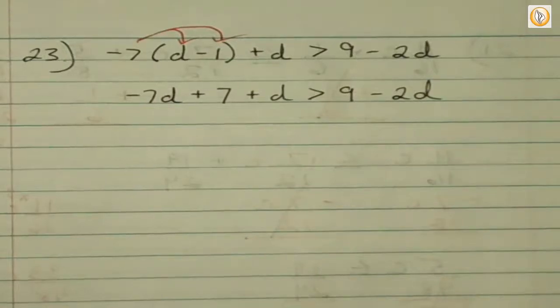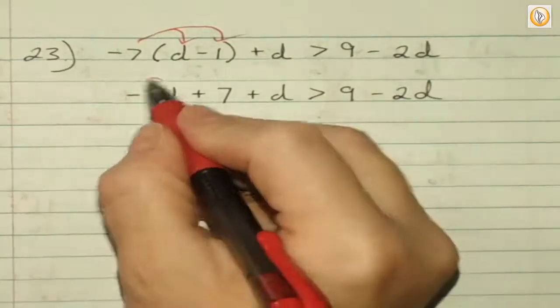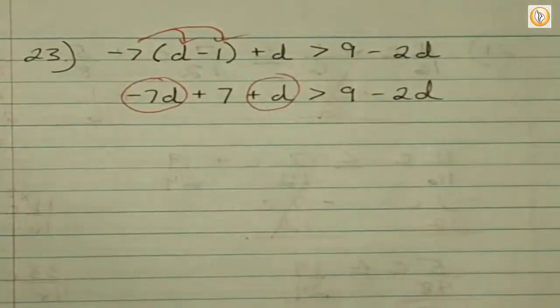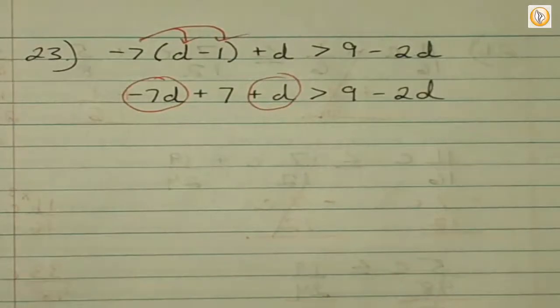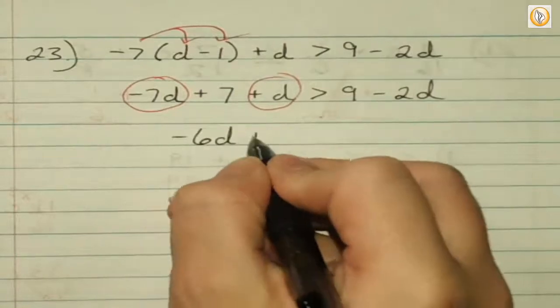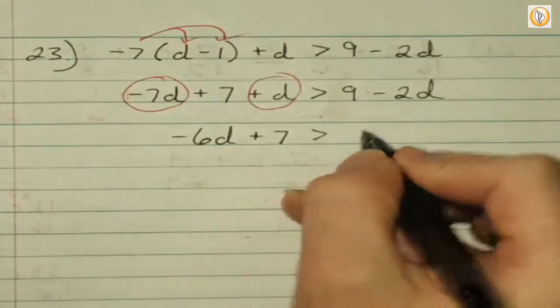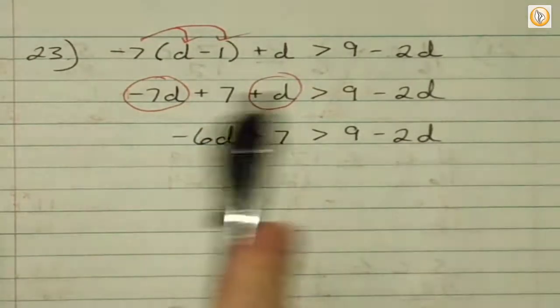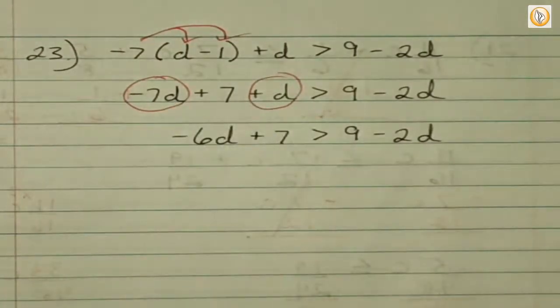You can combine the negative 7d and the d. And what do you get? Negative 6d plus 7 is greater than 9 minus 2d. Good job. Make sure y'all simplify before you start solving.